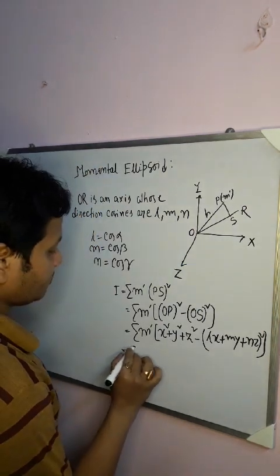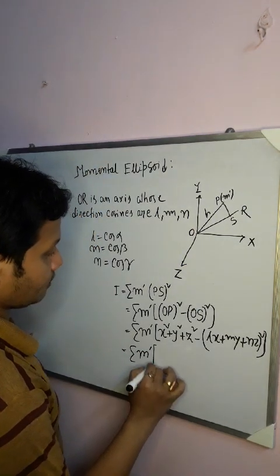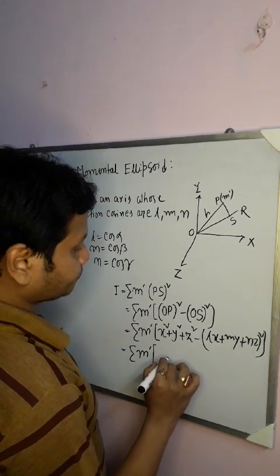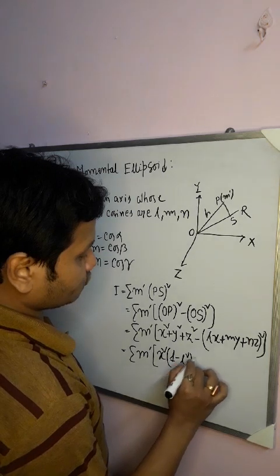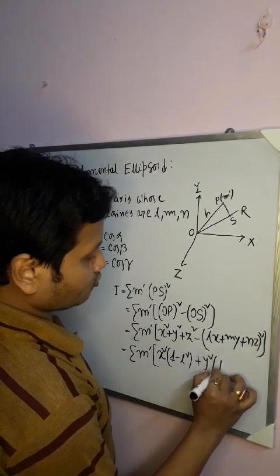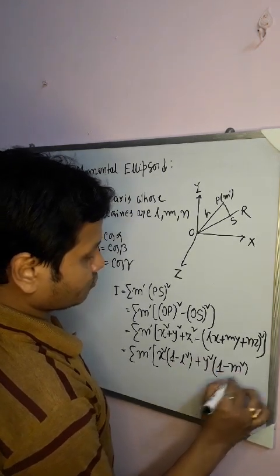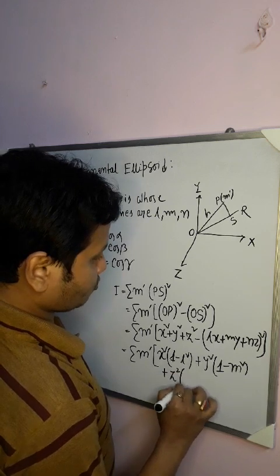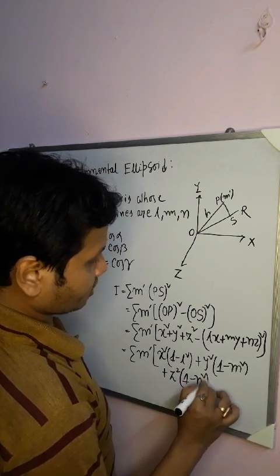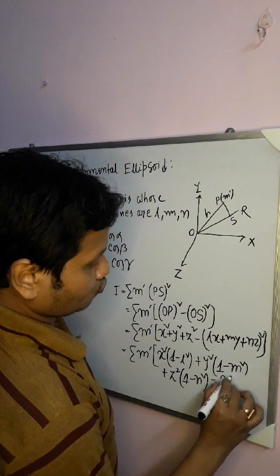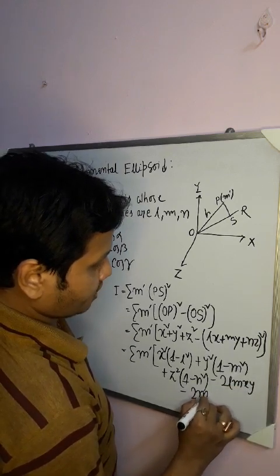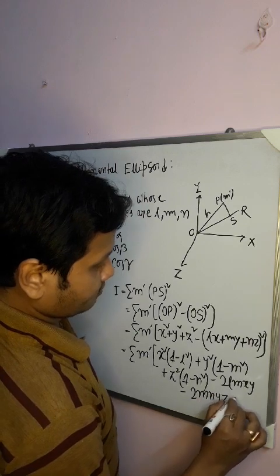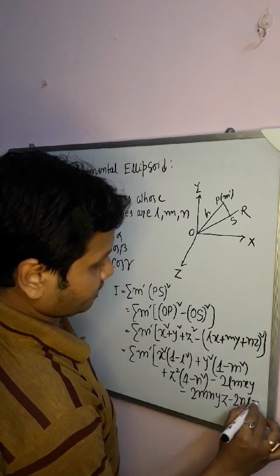So if we simplify it, we take x square common, that means 1 minus L square, plus y square common, this is 1 minus M square, plus z square common, that is 1 minus N square, minus 2LMxy minus 2MNyz minus 2NLzx.